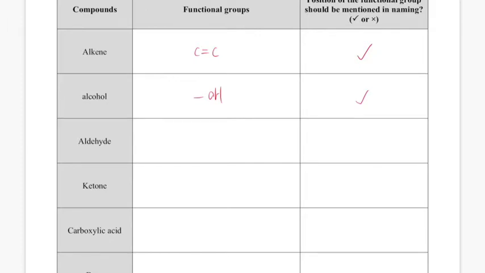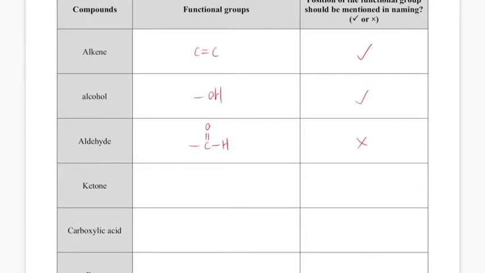The next one, aldehyde. The functional group is C=O, and it should be at the end of the carbon chain. Because it can only be attached at the end of the carbon chain, there is no need to mention the position of the functional group.